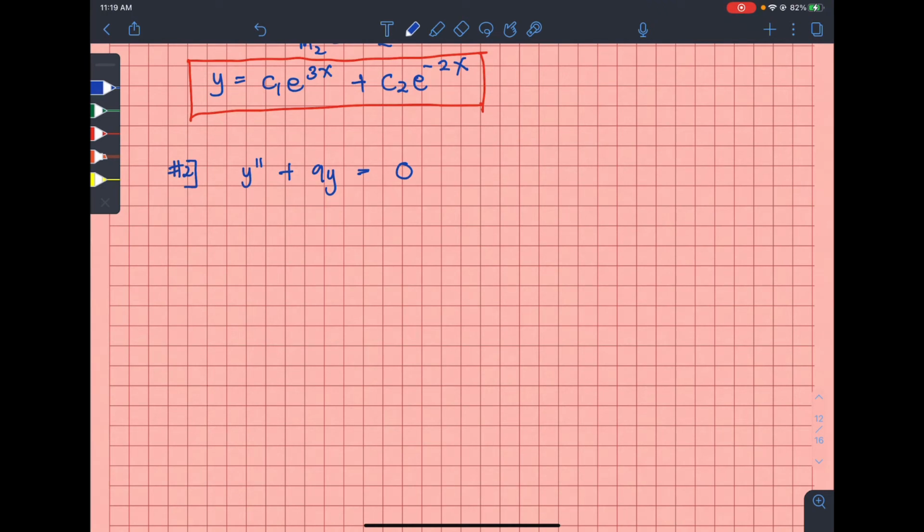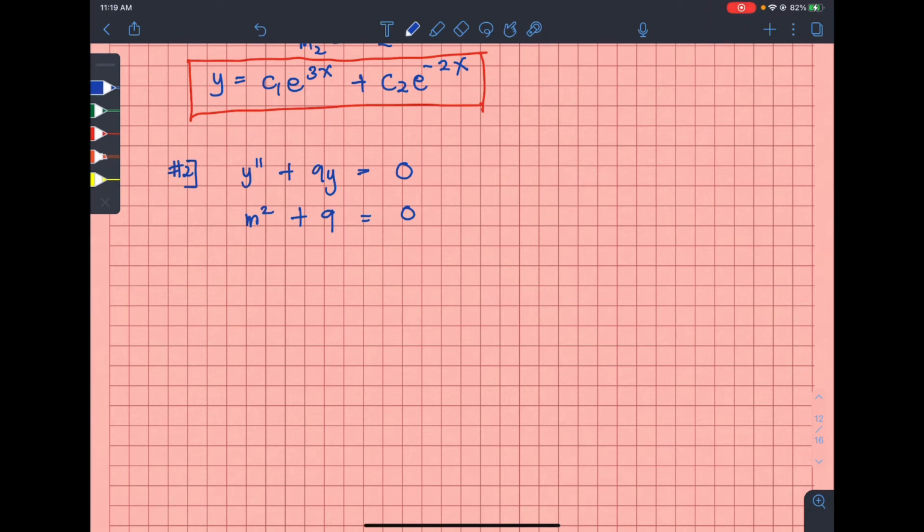So this one would become m squared, then 9y, that would just be plus 9. So remember, it's not 9m, as we don't have the first derivative. So it's only 9, equal to 0.